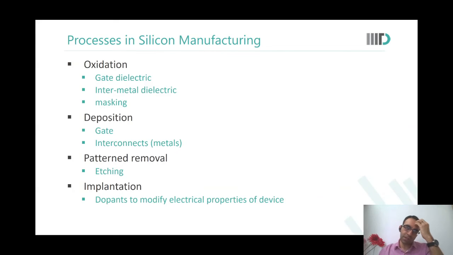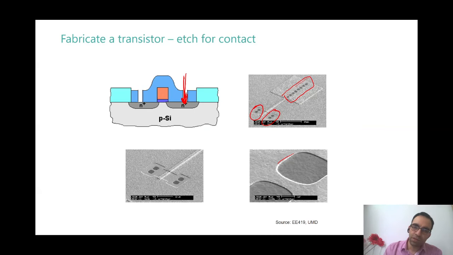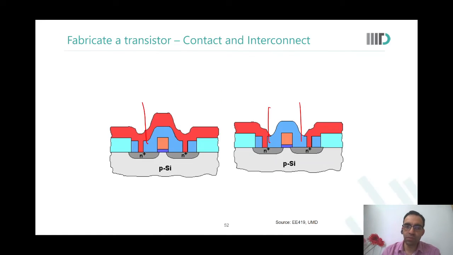So what is happening? There are oxidation stages where you make the gate dielectric, you make intermetal dielectric, and you also use oxide as mask. For example, when we had to deposit the metal, we used oxide as the mask, is it not? Wherever the oxide was not there, metal could go down and contact the source and drain region.